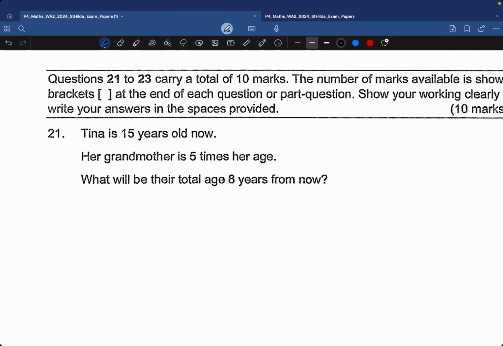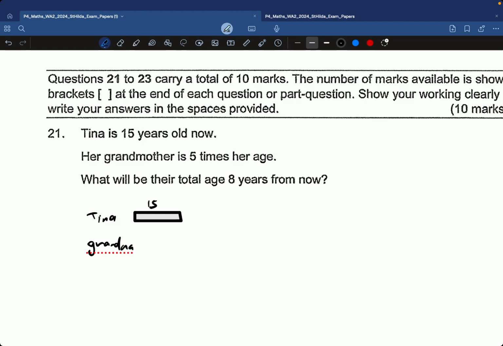Question 21. So Tina is 15 years old now, and her grandmother is 5 times her age. What would be their total age 8 years from now? Okay, so first thing first, I think it's easier to do the model drawing. So for example, Tina is 15 years old, and then her grandma, the G over here, is 5 times her age.